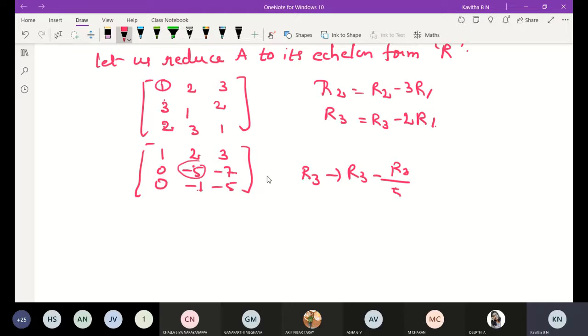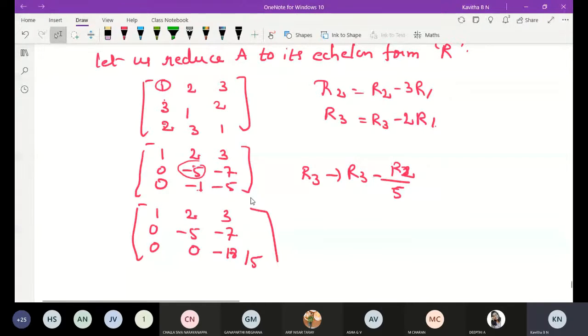That means 1, 2, 3, 0, minus 5, minus 7, 0, 0, and after the operation you will get minus 18 by 5. I am not explaining the operation in detail, only writing the operation and then the answer. Do the addition and subtraction here.